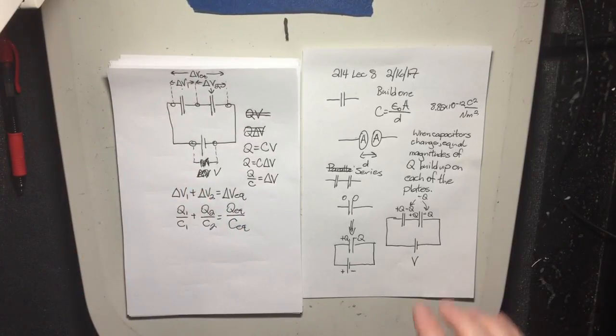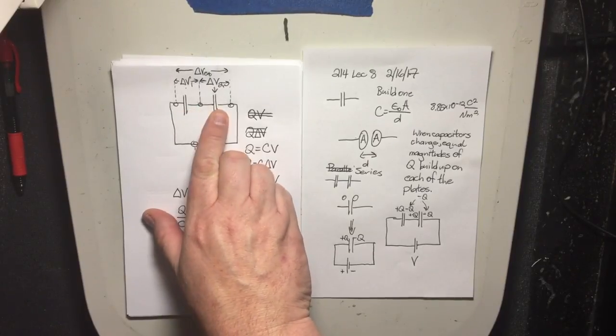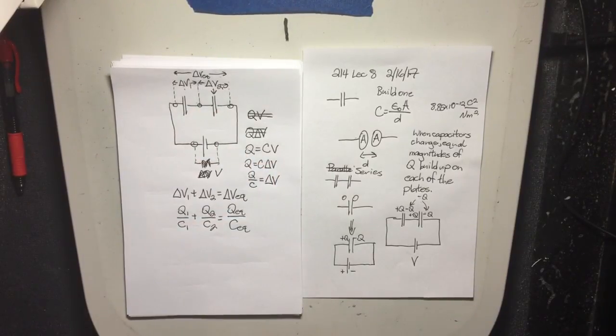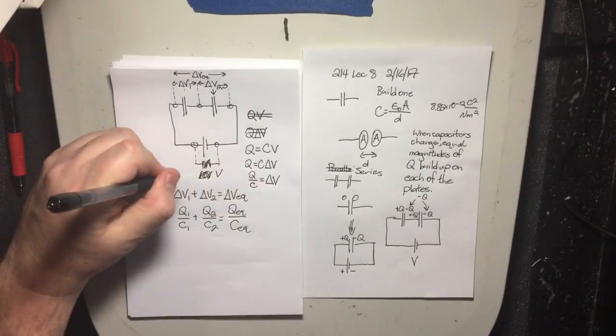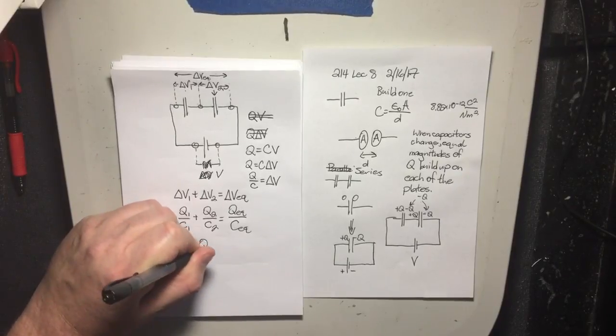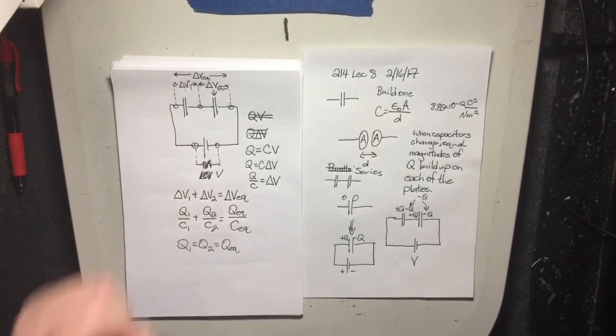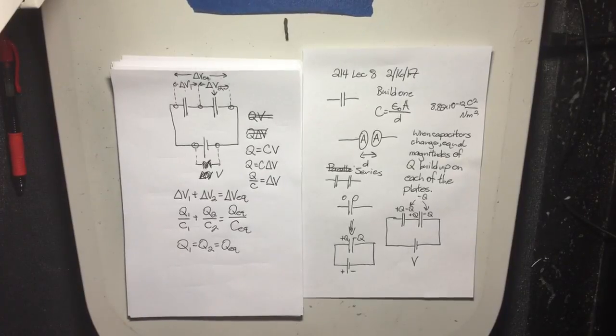What we know about capacitor plates in series is that the charge on each of the plates is equal. So Q1 is equal to Q2, which is equal to Q equivalent. All of those will be the same charge. Otherwise, there will be a redistribution of charge.